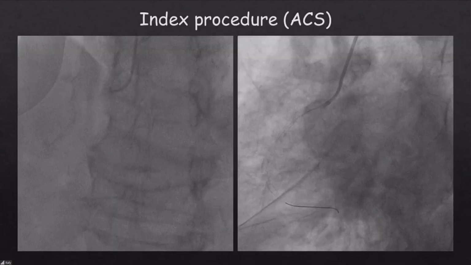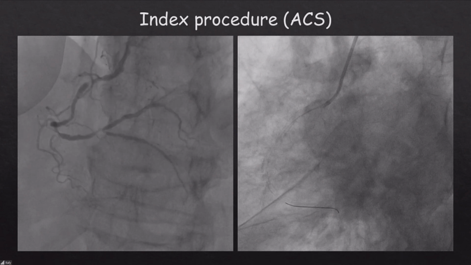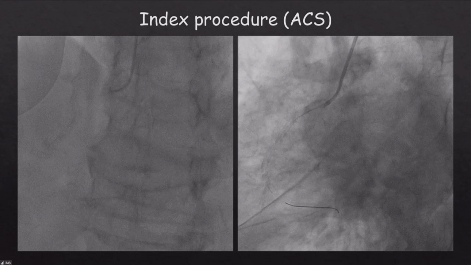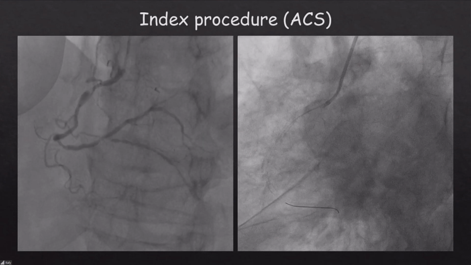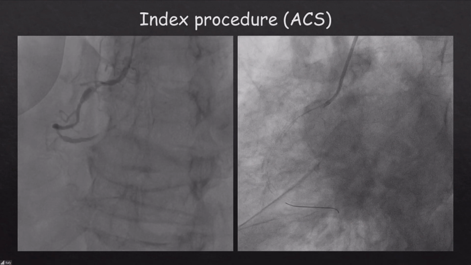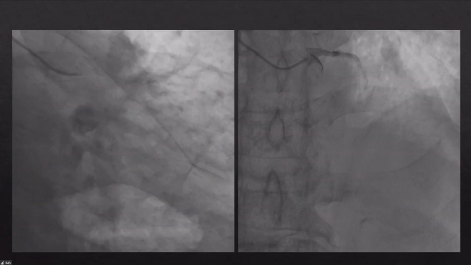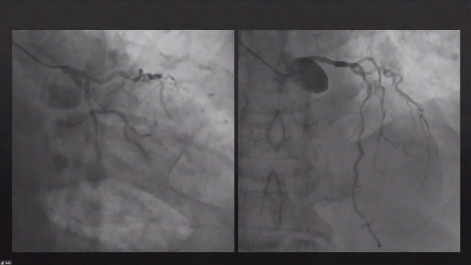Okay, this is the baseline, the culprit stenosis, this is acute coronary syndrome. Anyway, there is a nice result on the right, you can imagine. They implanted 3 or 4 stents on the right. Next. And this is our target for today.